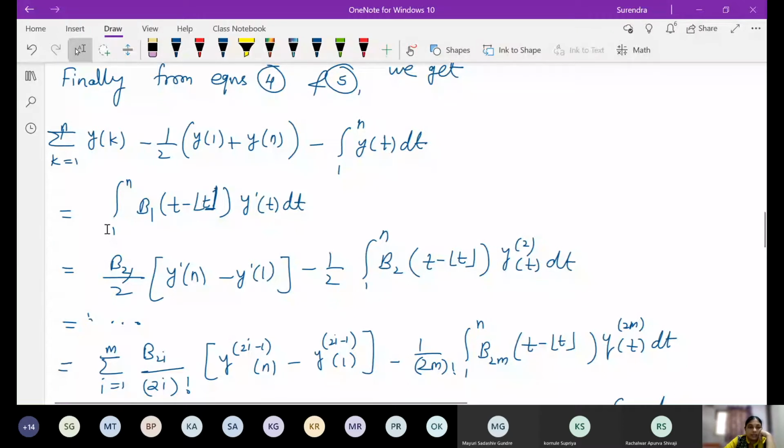And that I can write as integral 1 to n b1 of t minus floor function of t, y dash at t dt. But b1 again I can write in terms of b2 and so on by the upper formula. So if I go on doing this, I will get summation i equals 1 to n b 2i factorial and all these things.